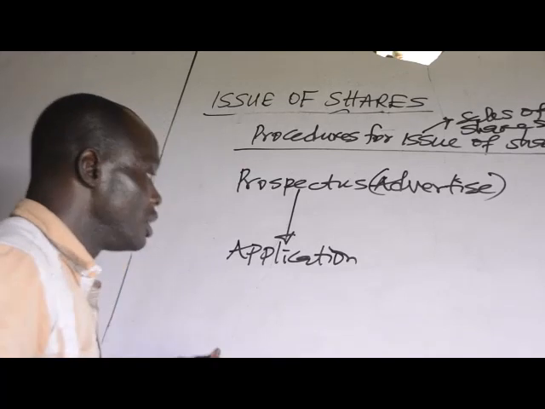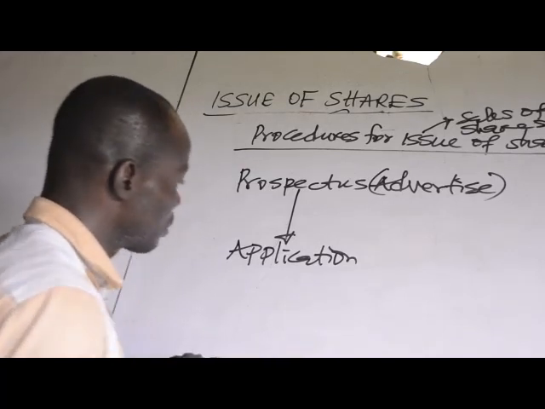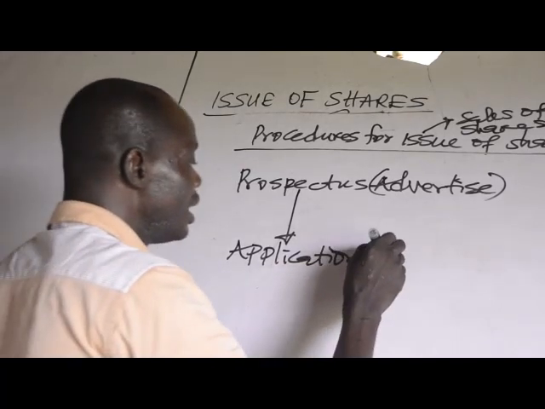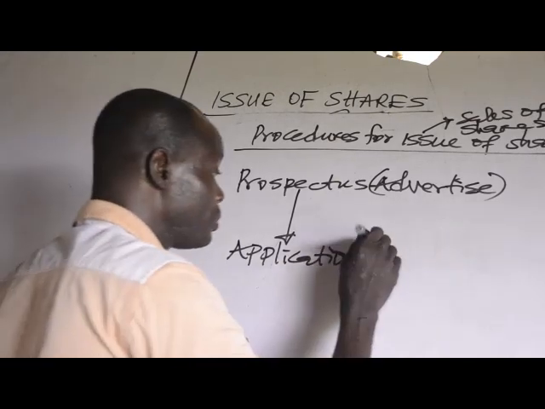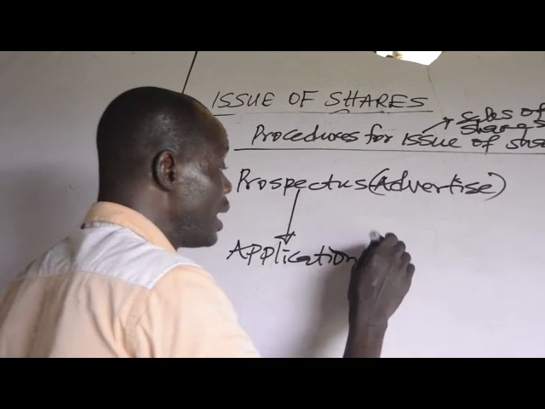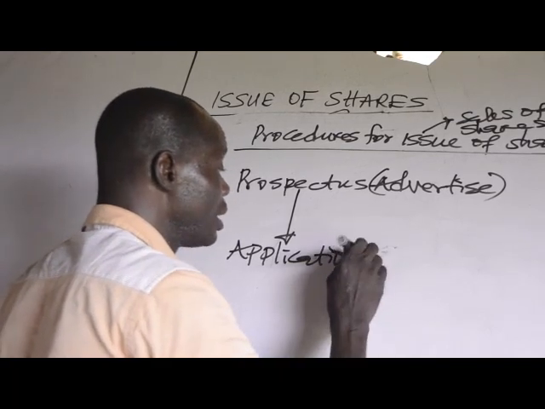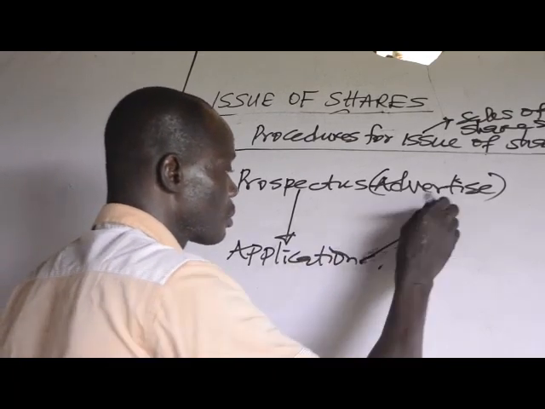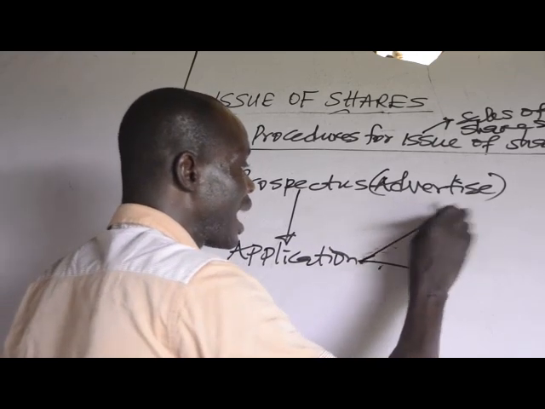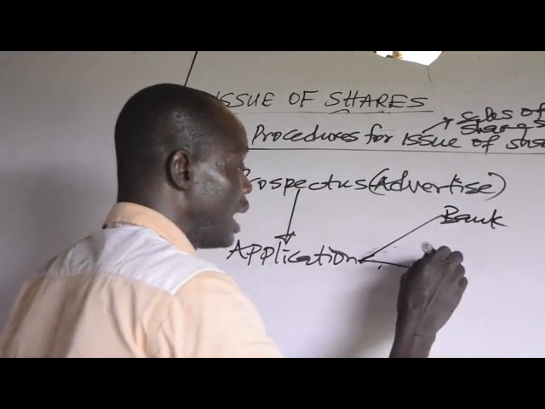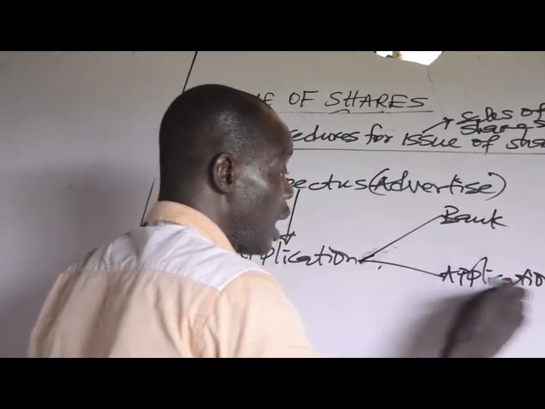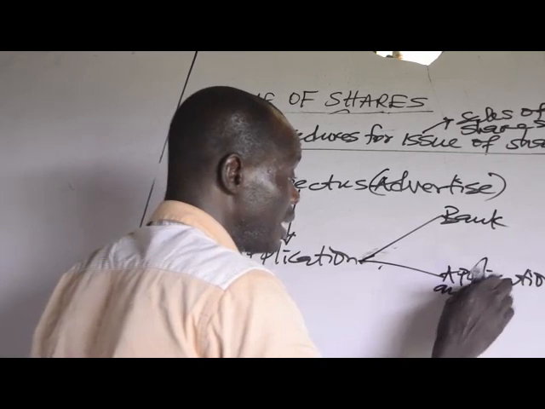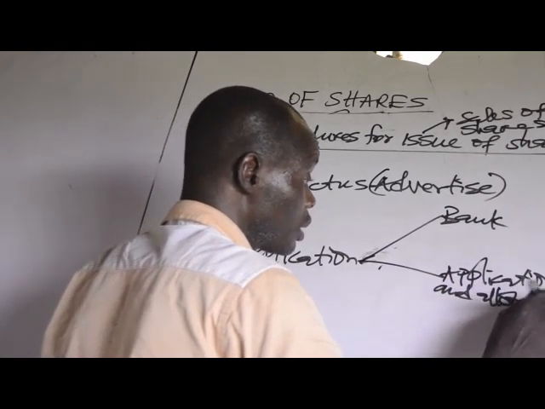That means in this case, automatically the applicant will pay money to the company. And when they pay money to the company, then bank accounts will be created, and application and allotment accounts will be created in this process.